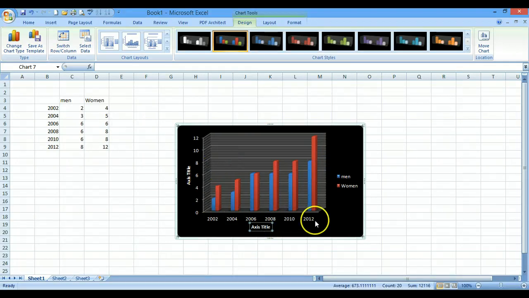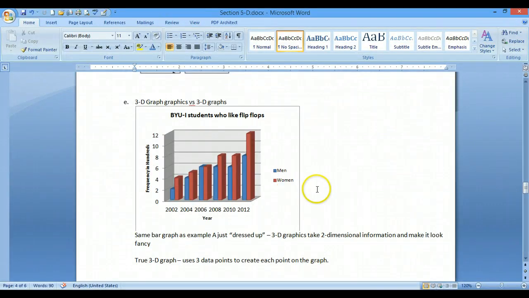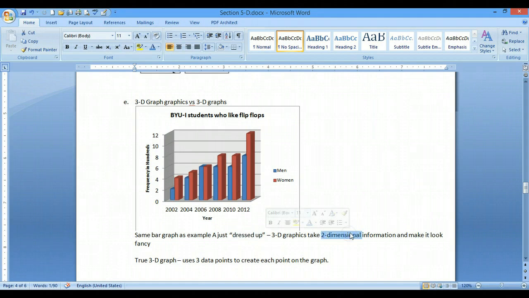But this is truly not a 3D graph. It just makes it look fancy, and you can do that on your other assignments. However, it just dresses up two-dimensional information, making it look fancy. A true 3D graph uses 3 data points to create each point on the graph.